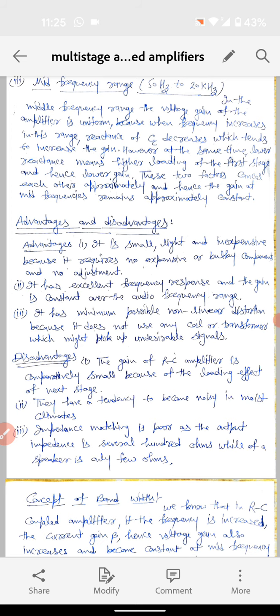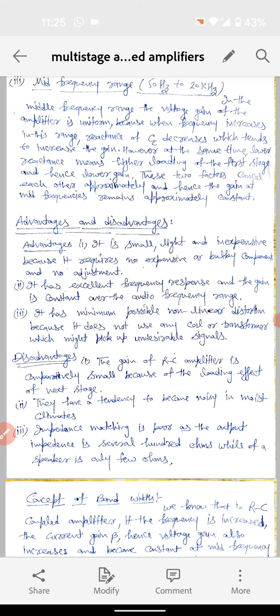The output impedance of the amplifier circuit is large, but the output unit, the speaker, has an impedance of only a few ohms. So impedance matching is the problem. The impedance matching is poor in case of RC coupled amplifier.